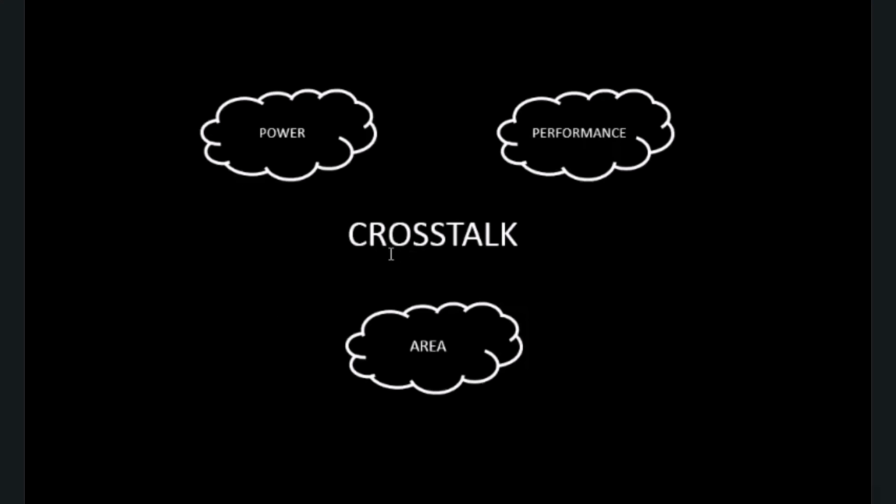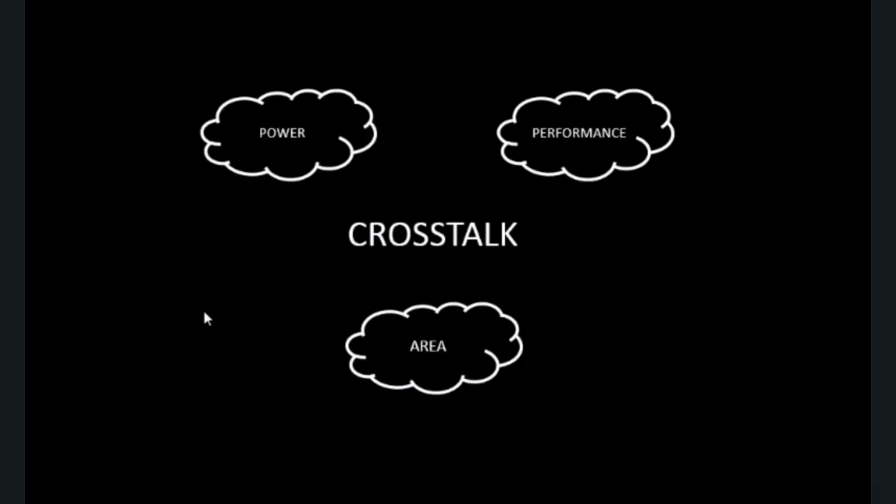But the phenomenon of crosstalk is the one that can hamper all of them. It can destroy power, performance and area in a manner that is very difficult to recover. The emphasis on crosstalk has increased in recent trends, where we go for sub 100 nanometer nodes, for example 90 nanometer, 45 nanometer or 20 nanometer.